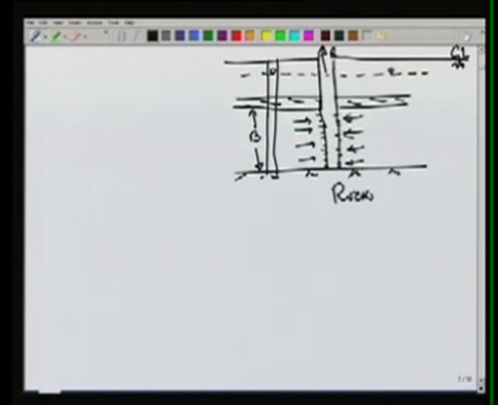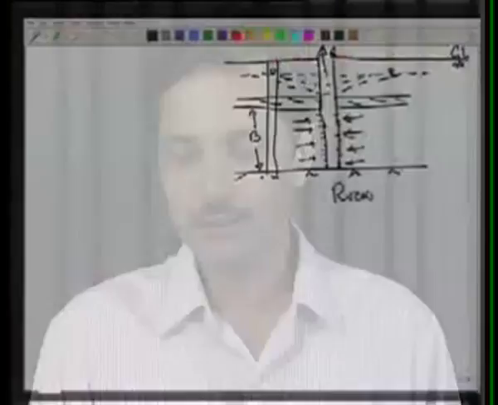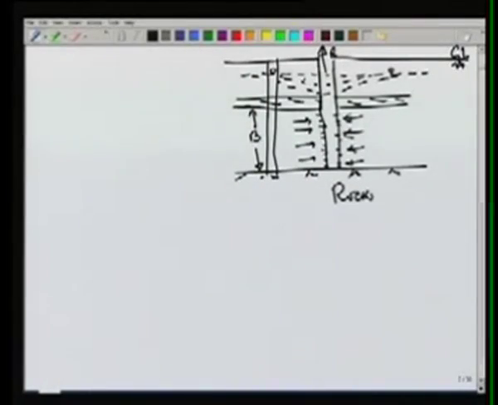Once we start pumping, then this piezometric head will go down, so at a certain time it may be like this. After some more time of pumping, it may go like this. So with time, this piezometer level is going down, and typically it's in the form of a cone. So this is called a cone of depression.